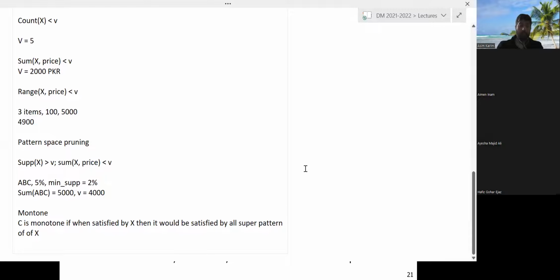So anti-monotone was violated, here, satisfied. Satisfied for a given pattern, then super pattern will also be satisfied.